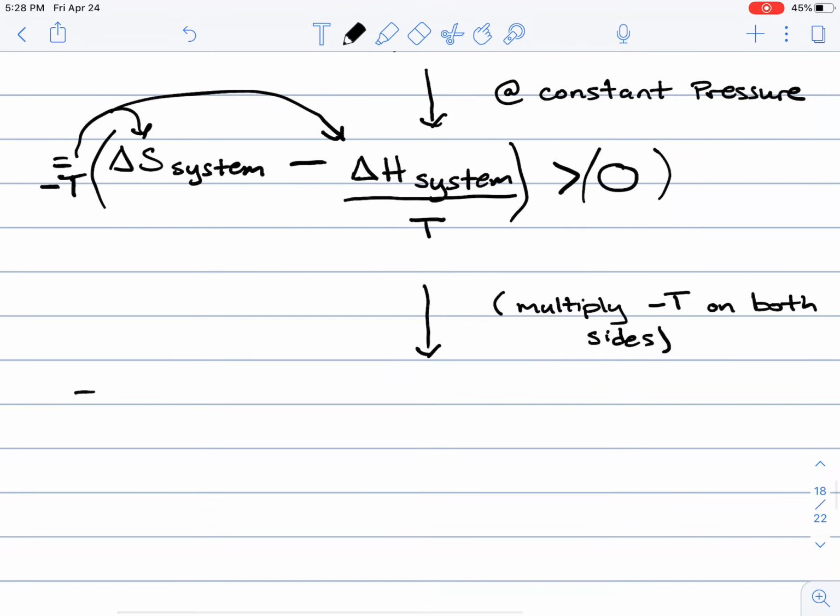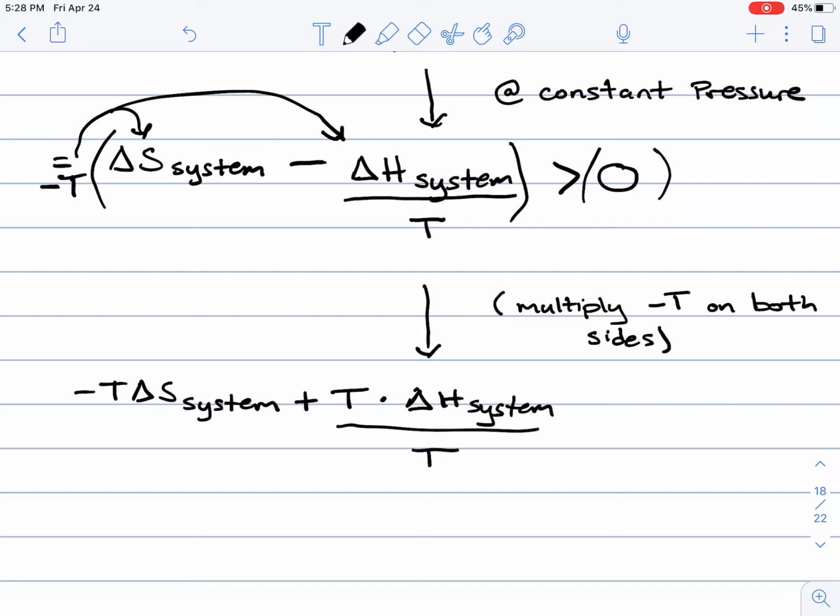That's going to give me negative T delta S, which is the entropy of my system, plus T times delta H over T, or the enthalpy of my system. And when you multiply by negative T on both sides of the inequality, the inequality is going to flip. Okay? And so we flip that inequality, and anything times 0 is just 0.